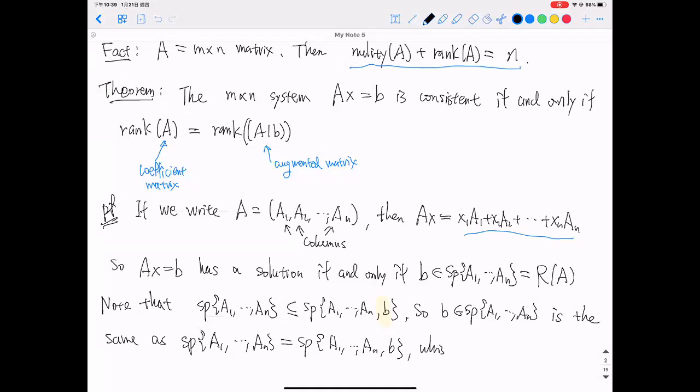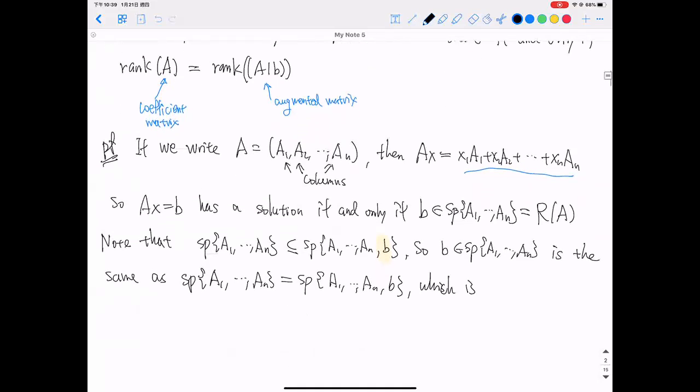Now, what does this mean? You have two subspaces of Rm, and they are equal if and only if they have the same dimension, which is the same as the dimension of the span of A1 through AN equaling the dimension of the span of A1 through AN and B. Now, these dimensions have different names, right?